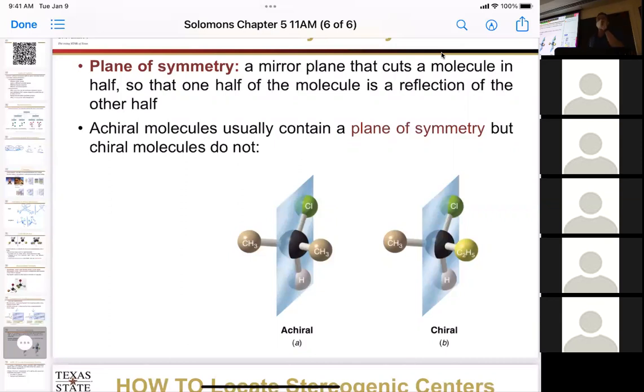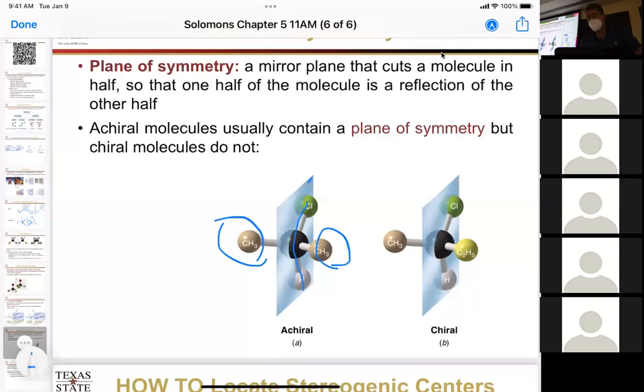So you start asking, can I put a plane of symmetry here? Can I put a mirror in there and do both sides look the same? In this case, the plane goes right through these three atoms. We have a methyl group on this side and a methyl group on this side. That means this side of the mirror looks exactly like that side, therefore there's a plane of symmetry, and it's an achiral molecule, not chiral.